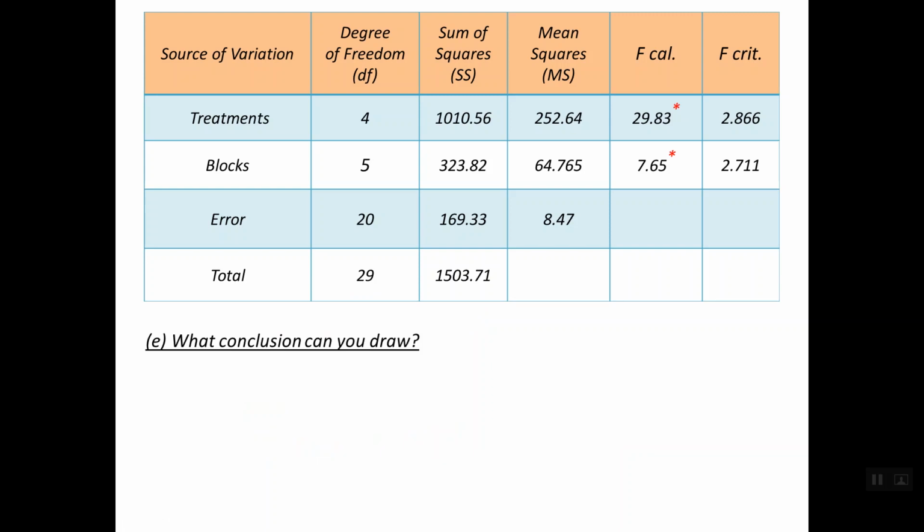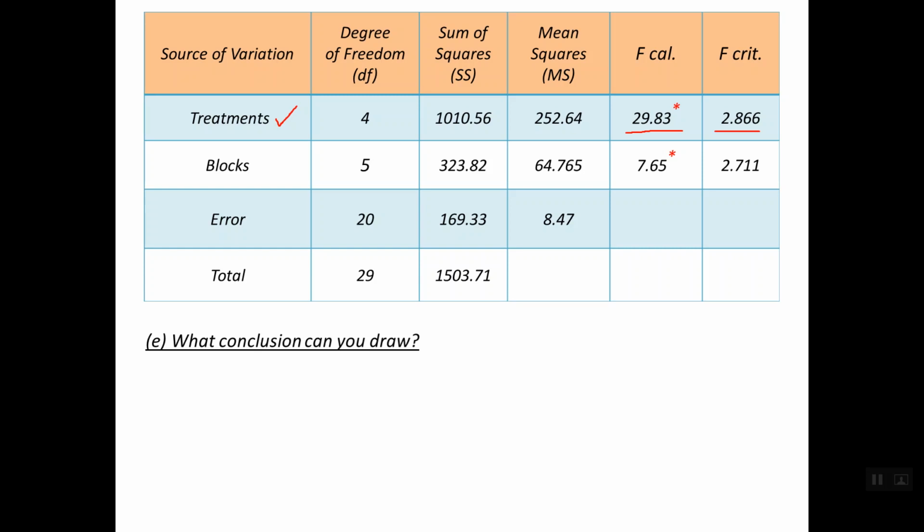What conclusion can you draw? So this is the last question, and this is an important question. Regarding the treatments, we already calculated the value of F, which is 29.83, and it is significantly greater than the value of the F critical.